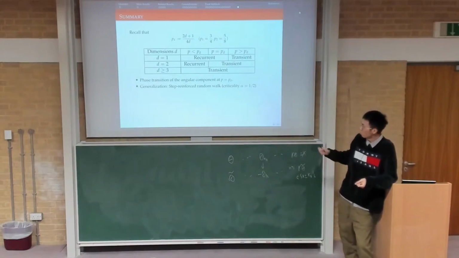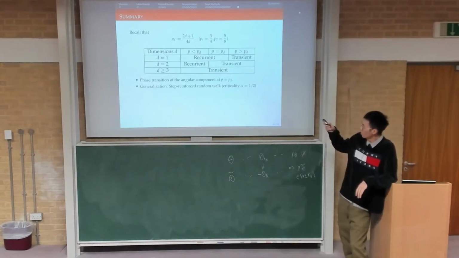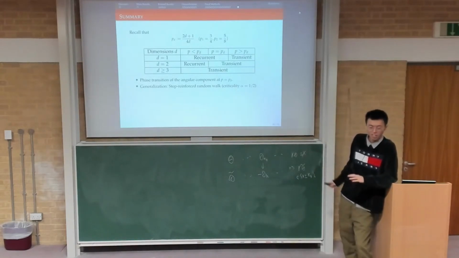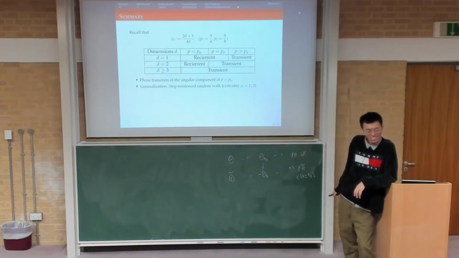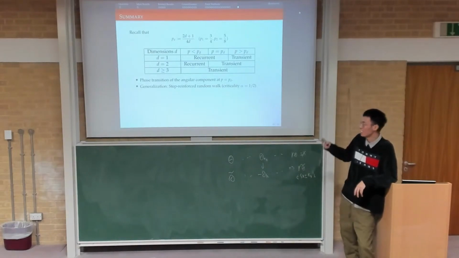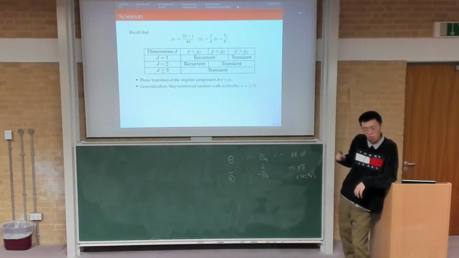Then we generalize those results to the stable infrared walk. Actually, 5/8 is already an interesting number. 5 is a lucky number for my PhD advisor, but 8 is a lucky number in China. This parameter PD depends not only on the dimension, but also on the lattice.